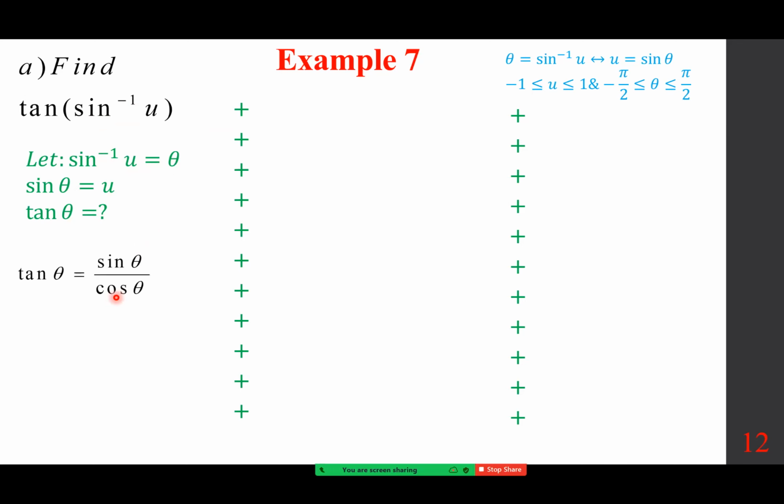And we know cosine is the square root of 1 minus sine squared. It's plus or minus, but they have the same sign, so we don't have to use positive or negative, just this. And if you replace the sine with u, we are done.